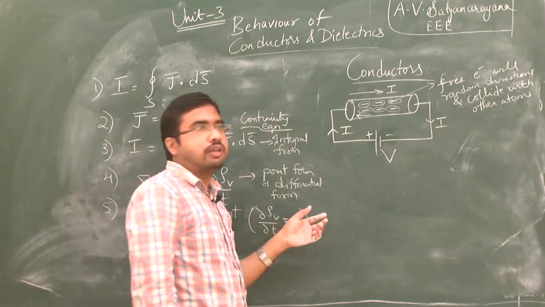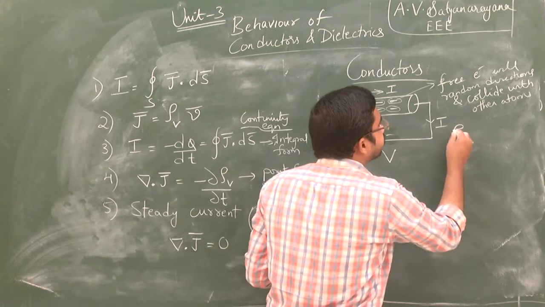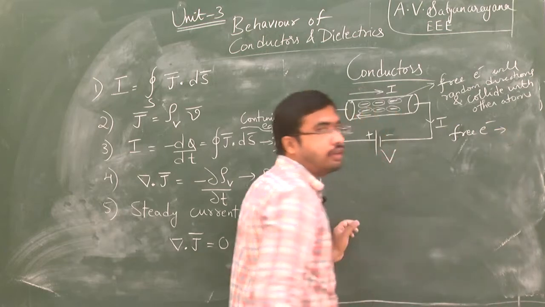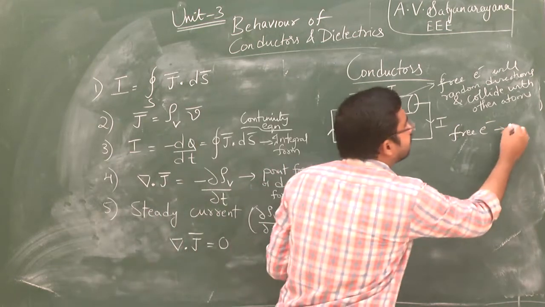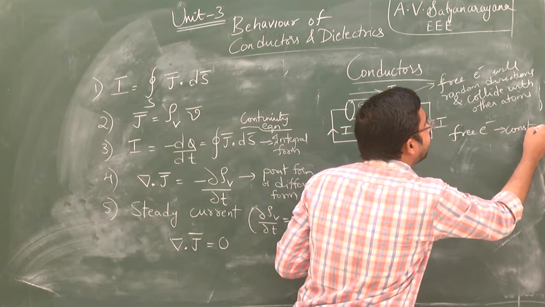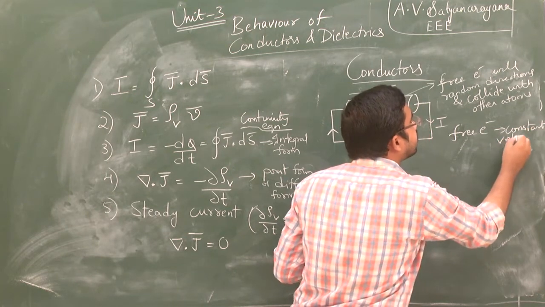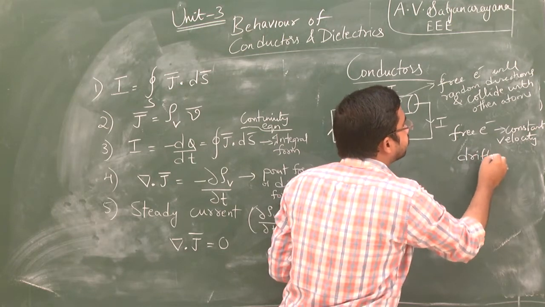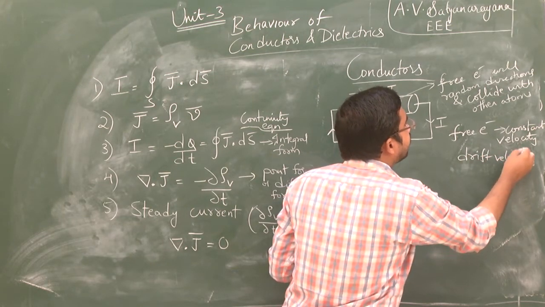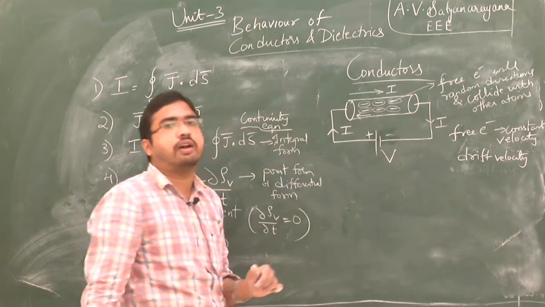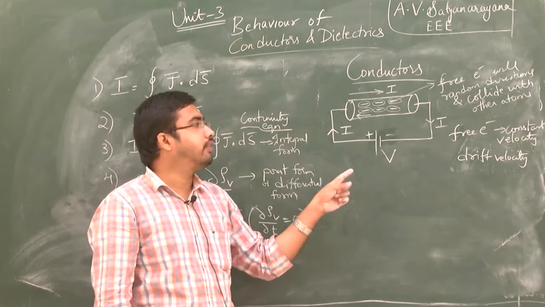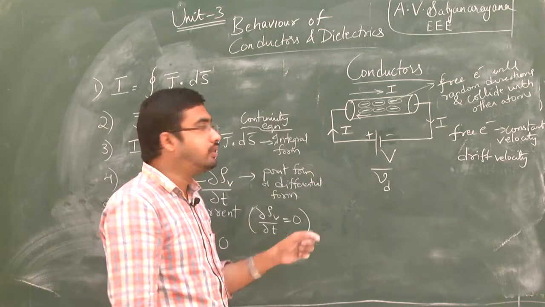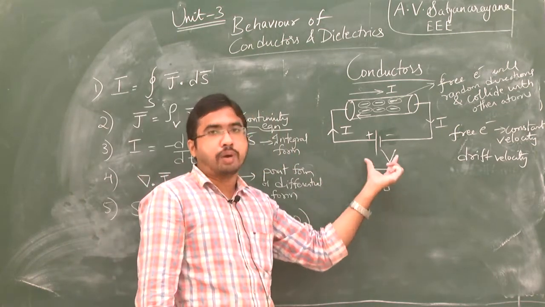After some time, these free electrons will gain a constant velocity called drift velocity Vd. As velocity is a vector quantity, that is denoted as Vd bar.